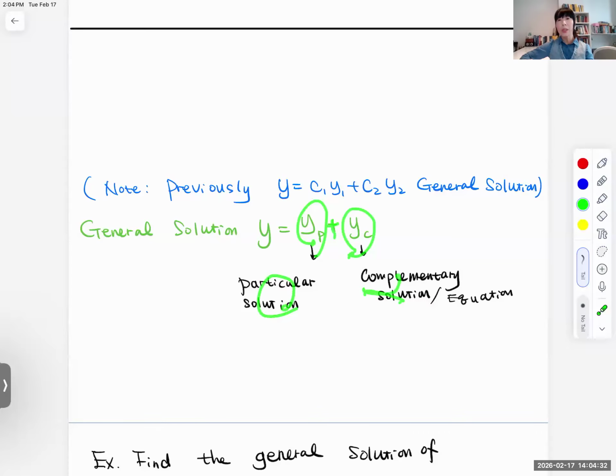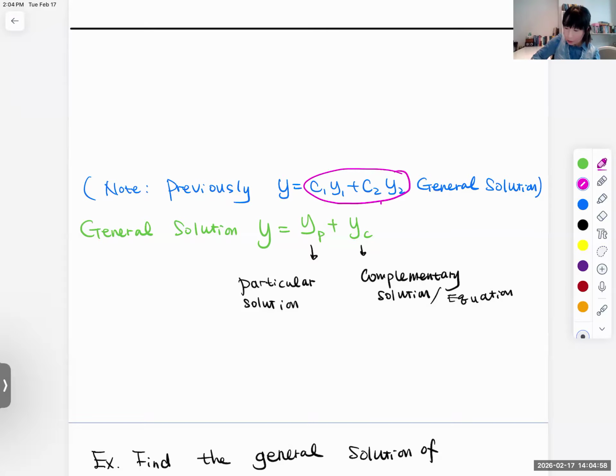And that complementary solution consists of this, which is what we had previously as the general solution. Make sense to you?